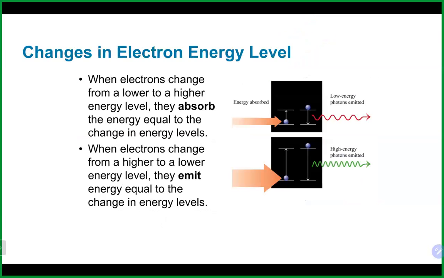All right. By the way, when we talk about spectrums in general, there's two types: an absorption spectrum and an emission spectrum. When an electron goes from a lower energy level to a higher energy level, it needs to absorb energy, and that is what is referred to as an absorption spectrum.